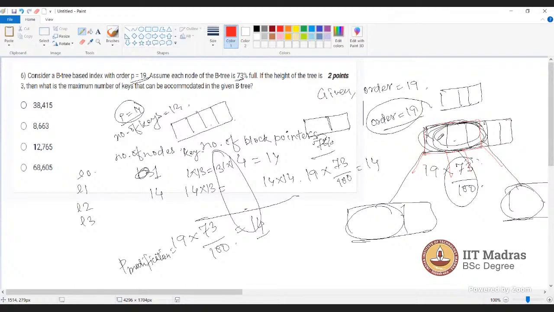Then after that you have to calculate the maximum number of keys up to level 3. So you calculate every time in each level, and there are 13 keys.